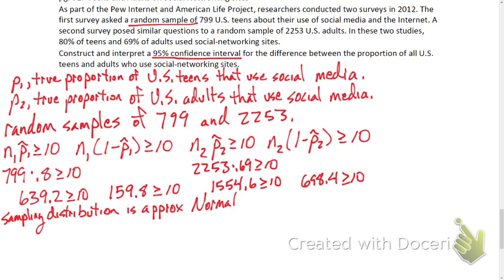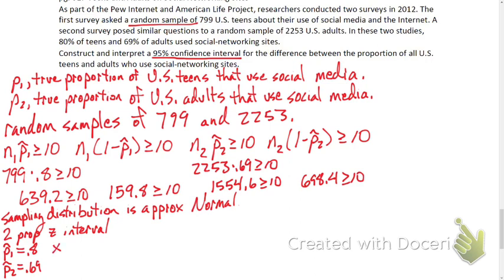And then move to the do step. We are going to do a 2 prop z interval. If you're confused about z versus t, we're doing proportions here. And when you have proportions, you always use z. P1 is 0.8. P2 is 0.69.